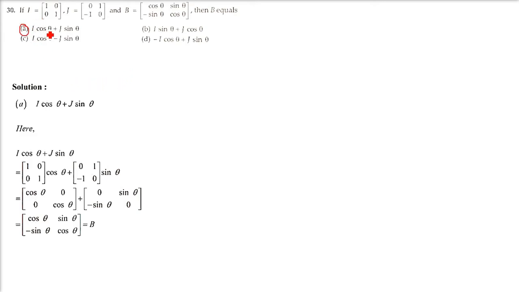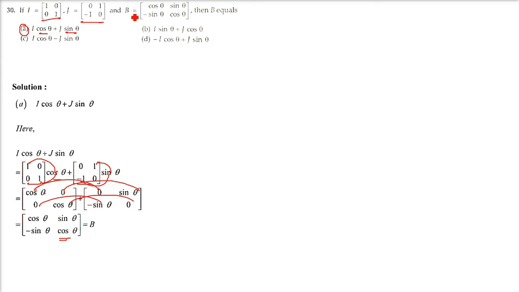So you have to multiply I with cos theta, J with sin theta. This is just scalar multiplication. So cos theta will go inside, wherever 0 is there, just leave it. Now just add it. So it will be cos theta, sin theta, negative sin theta and cos theta.